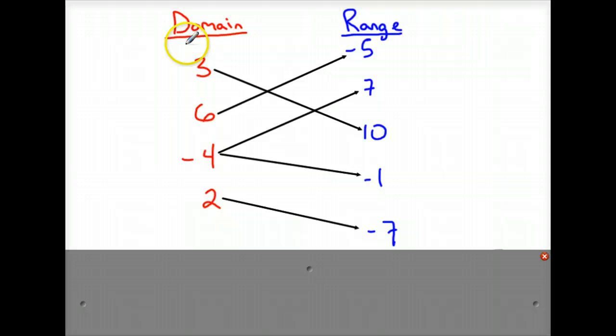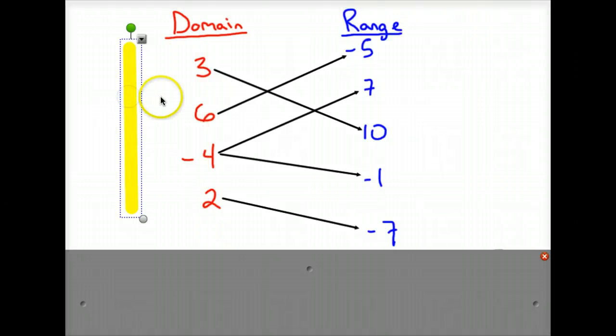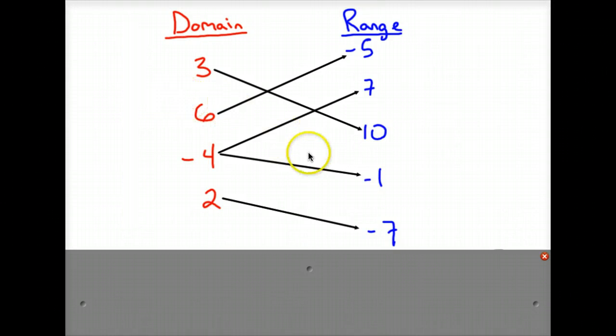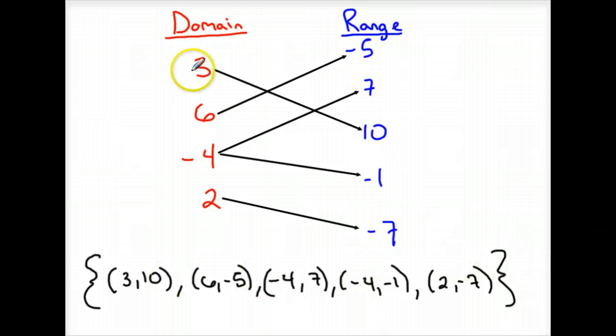Now it's hard to tell exactly. We're not going to just look at these values here and say, do any of these values repeat? What we want to see is, do any of them repeat as far as setting up an ordered pair? One strategy at first, until you get used to this view, is maybe writing each one down. So if we look at 3, 3 pairs up with 10, so that creates the ordered pair (3, 10).